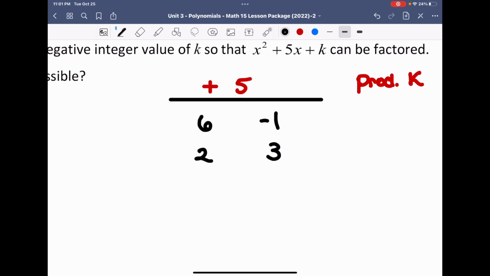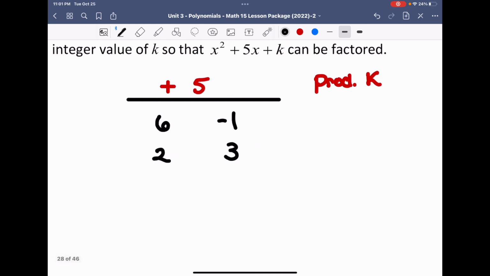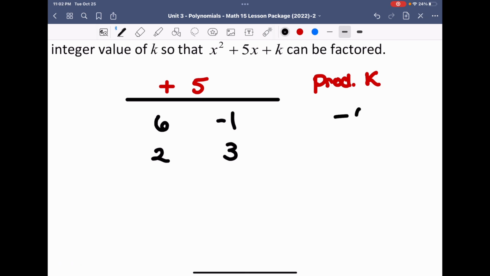If I wanted a negative for k, well, we know these things multiply to make k. 6 times negative 1 is negative 6. 2 times 3 is positive 6. So we can say that k could be either plus or minus 6. Now we just want to think about any other examples of things that would add up to make 5. We could have 4 and 1, and the product of that would be 4.